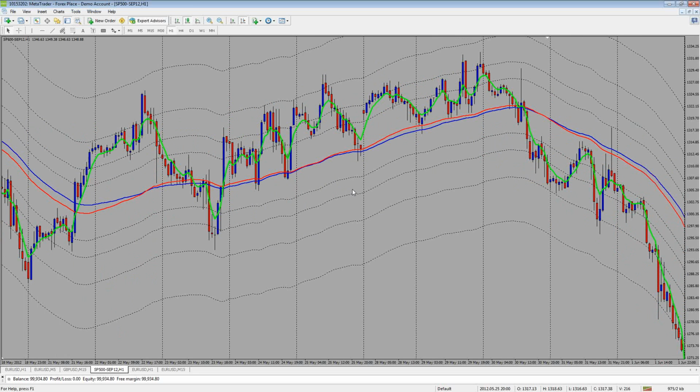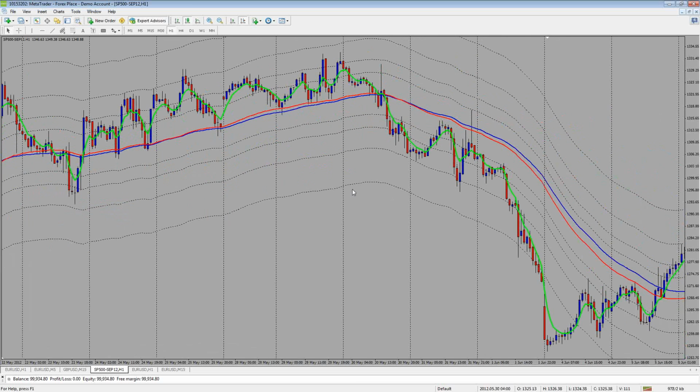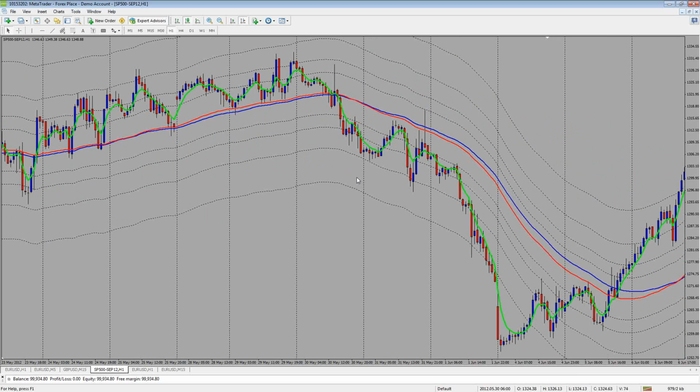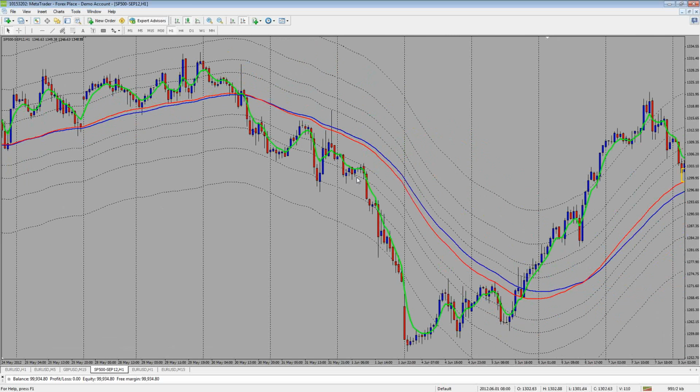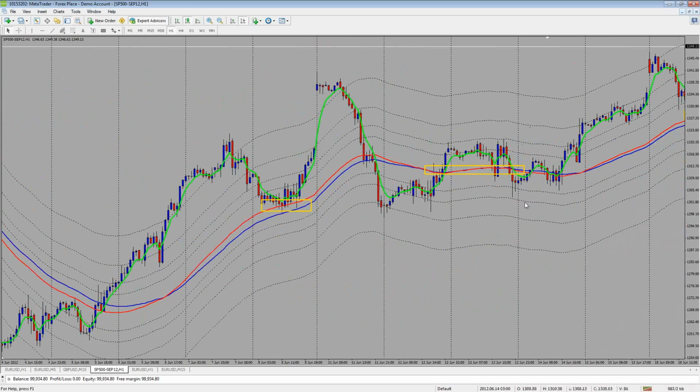But just like I always tell you, if you find a confluence of several indicators together, for example support or resistance lines, trend lines, divergences that come together with these areas, then it gives you a stronger signal.